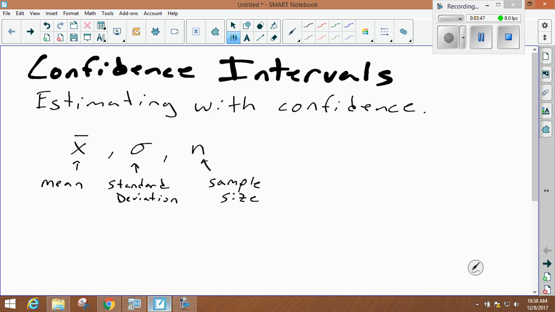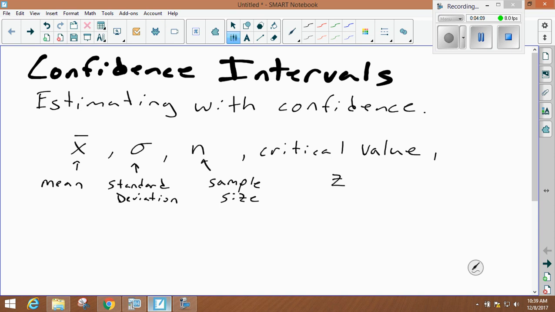And in order to do this with your calculator, you don't really need this, but your calculator is using it. And it is what's called a critical value. So those are the things that we need.